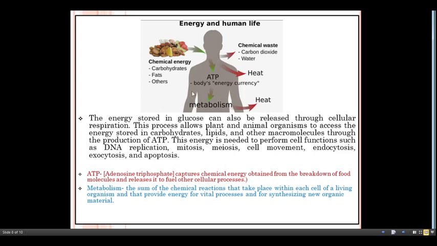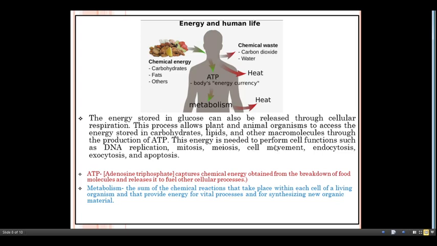Now just see here, whatever we eat is chemical energy, maybe carbohydrates, fats, or other things. The energy stored in glucose can be released through cellular respiration. This process allows plant and animal organisms to access the energy stored in carbohydrates, lipids, and other macromolecules through the production of ATP.